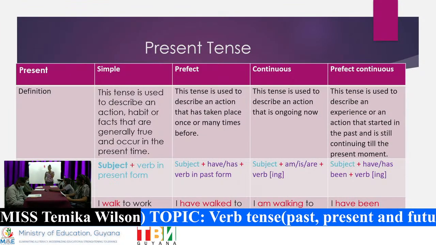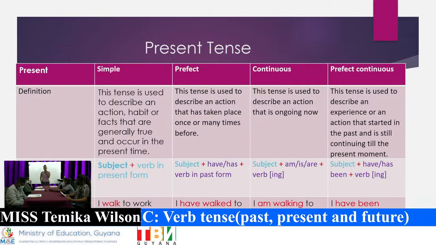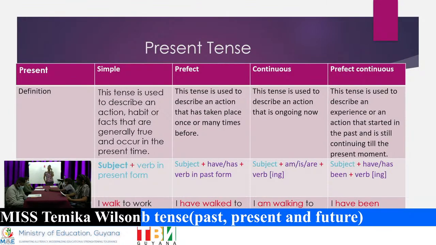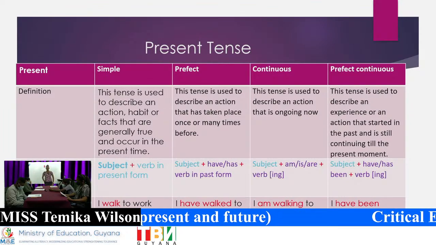So that's the indicator, plus the verb ending in ing. Let's look at the example. I have been walking for 3 hours now.